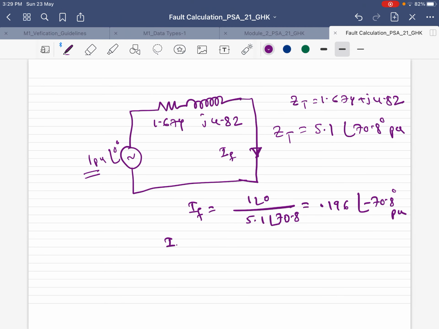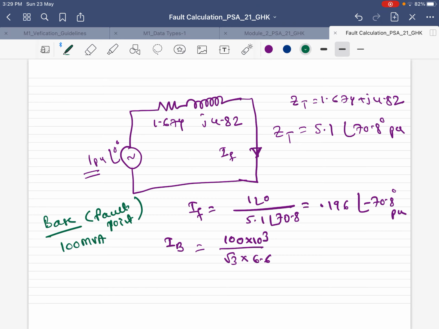The base current at the point of the fault IB is 100 MVA into 10 raised to 3 divided by root 3 into 6.6, because the base quantities at the fault point are 100 MVA and 6.6 kilovolts.